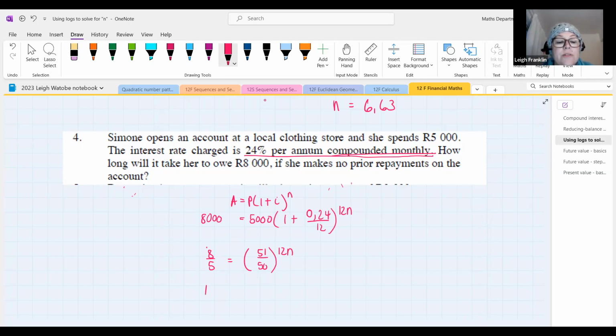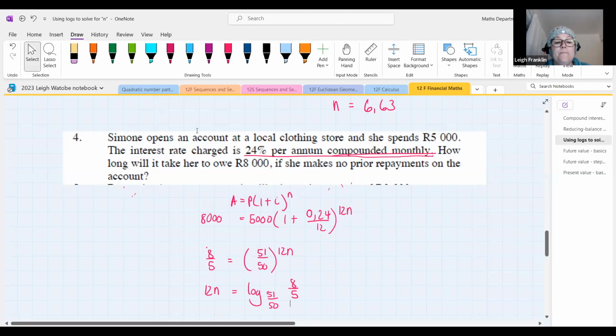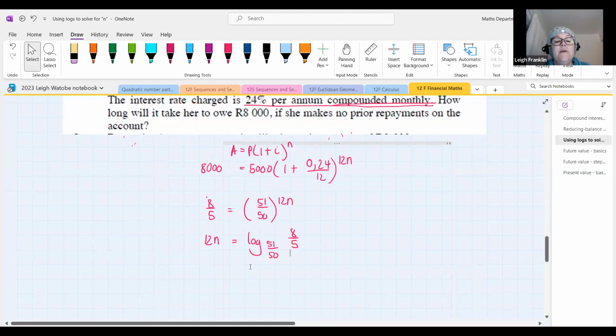Now you would say 12n equals log base 51 over 50 of the number. So what you would have to do here is put this into your calculator, the log base 51 over 50, and then the number 8 over 5, press equals, and then divide your answer by 12.